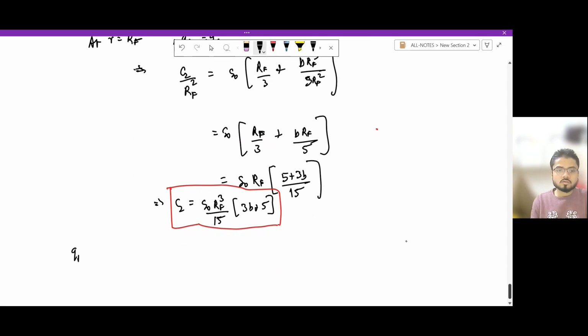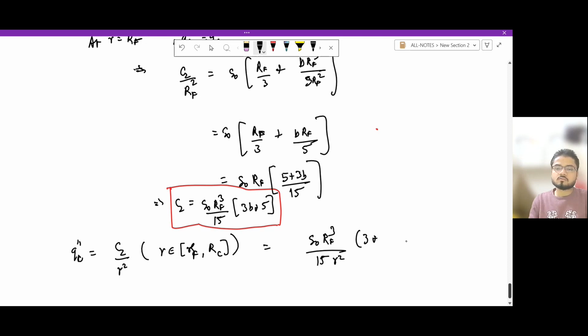So QC double prime would be equal to C2 over R squared, where R belongs to RF and RC.